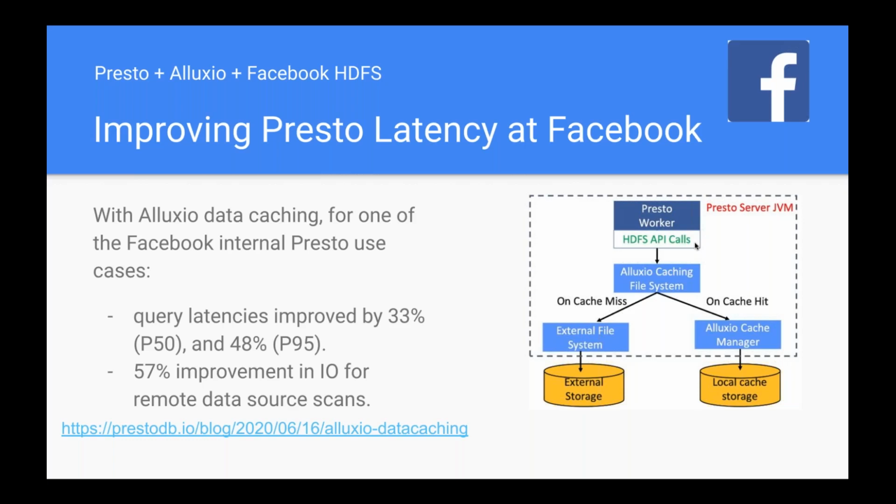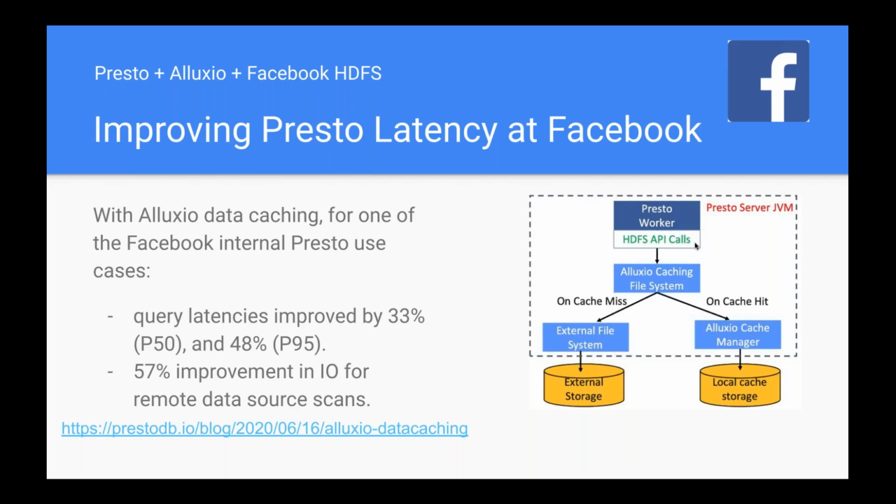Essentially, we help them add an Alluxio data caching layer in the Presto Facebook fleet. Calvin and I were both working on this for quite a few months, and now this is moving into production.